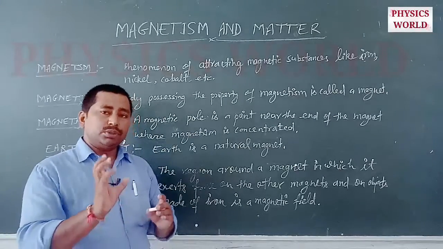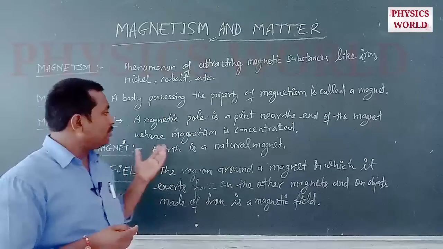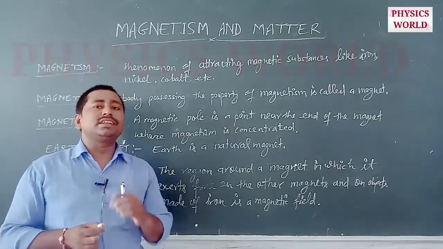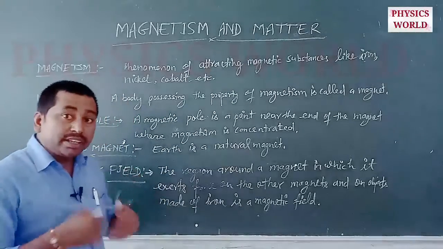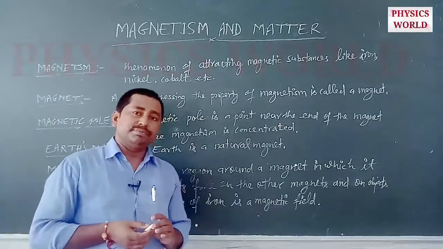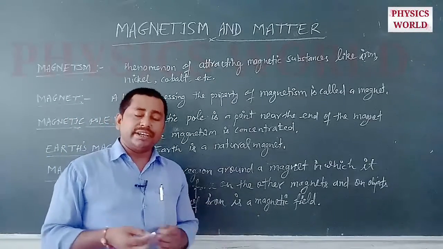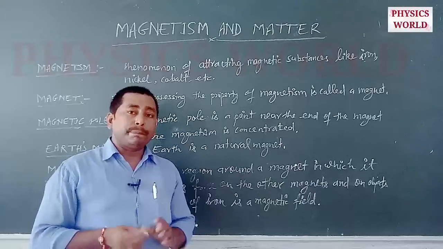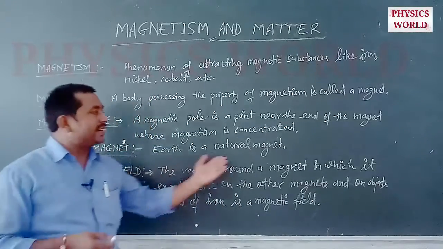Due to the rotation of Earth, the molten nickel and iron rotates around the Earth's rotational axis, and a current is generated inside the Earth due to the rotation of the charged particles present in the molten nickel and iron. That is also known as the dynamo effect, by which the Earth possesses magnetism. So Earth is a natural magnet.